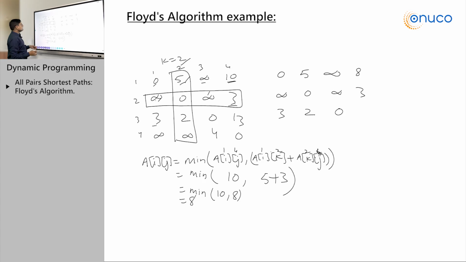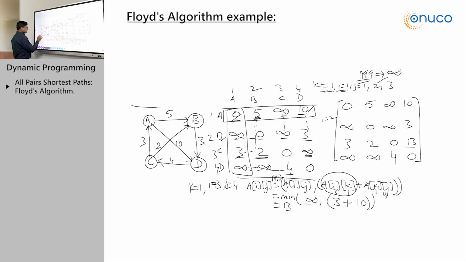This 13 is the place of 3 to 4, meaning C to D path. C to D, there is a path of 3 plus 10. In the original graph we kept infinity. This infinity is replaced by 13, right? This is 3 plus 10. But there is another path which has a lesser value, called C to B and B to D. 2 plus 3 is 5.